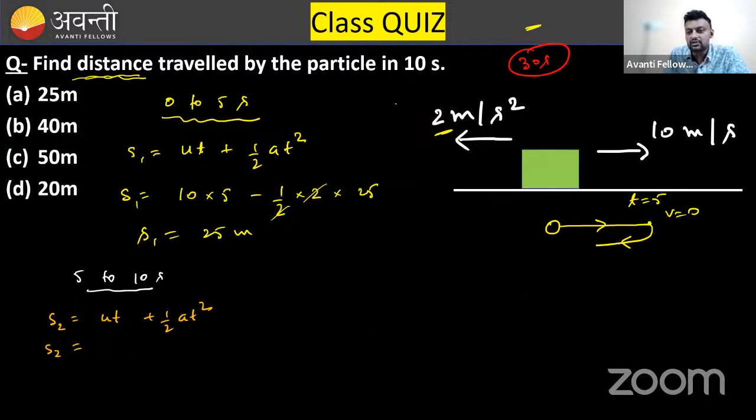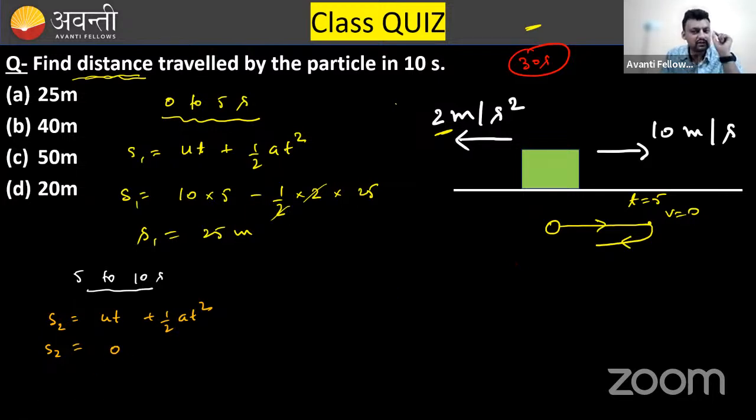What is the initial velocity from 5 to 10 seconds? Can anyone answer? What is the initial velocity for the motion from 5 second to 10 second? 0. Very good, JNV Bhavnagar. So initial velocity is 0.